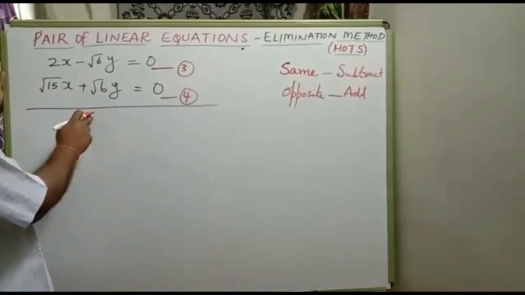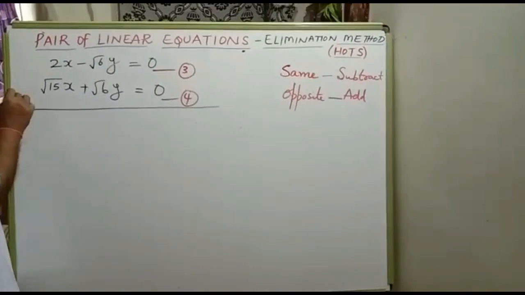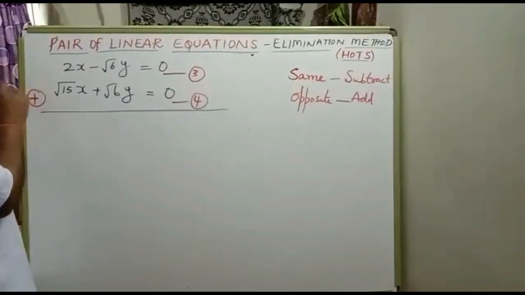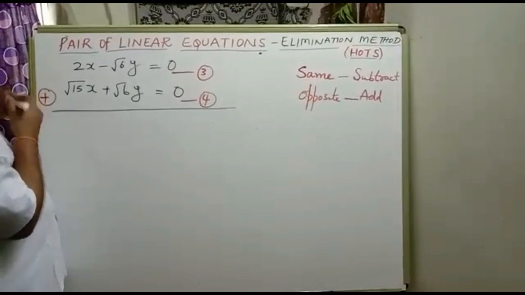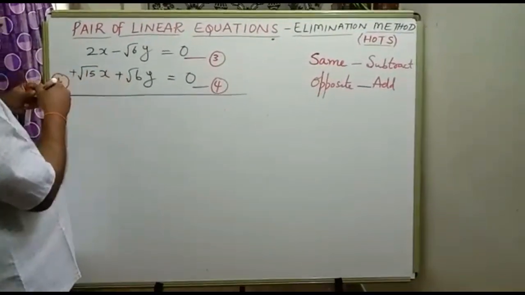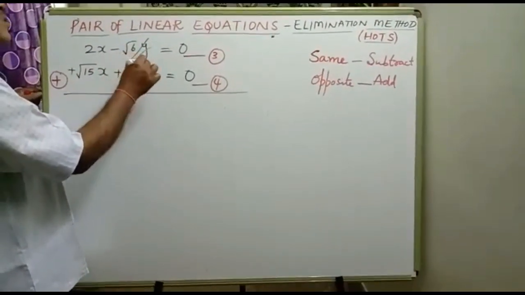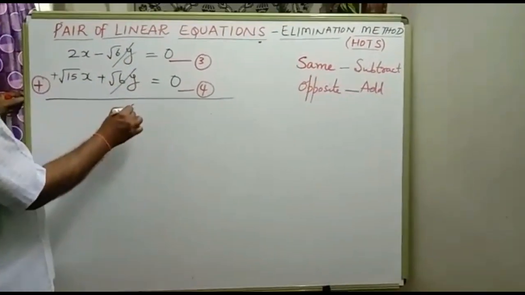If the signs are opposite, we add. Addition means no problem, easily you can add. Root 6y and minus root 6y cancel, and this will be 0.